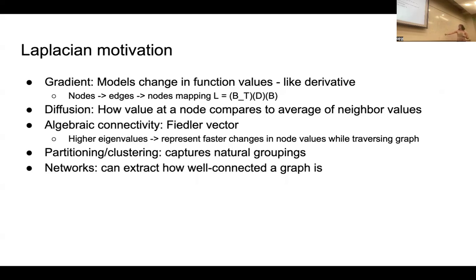So this basically maps nodes to edges, and then edges to nodes, and then nodes to edges back to nodes. There's nothing really deep going on here; this is just based on definition. But if you want to look into gradient models and diffusion, that's kind of how that works, and a few other things.